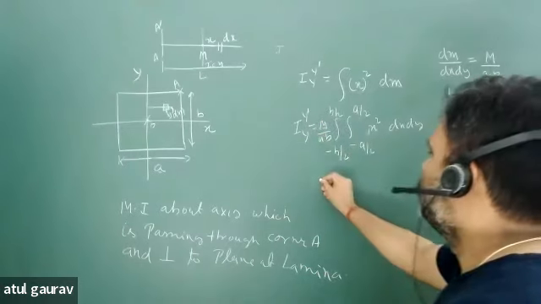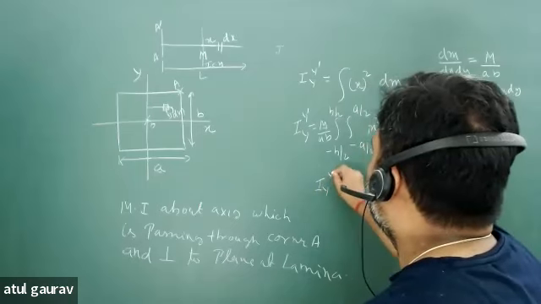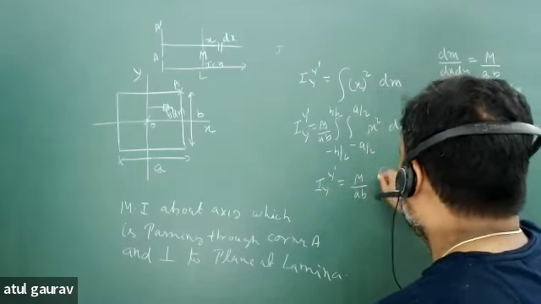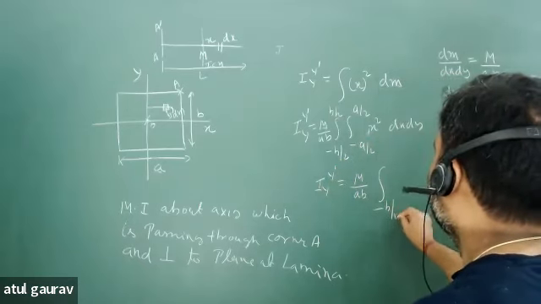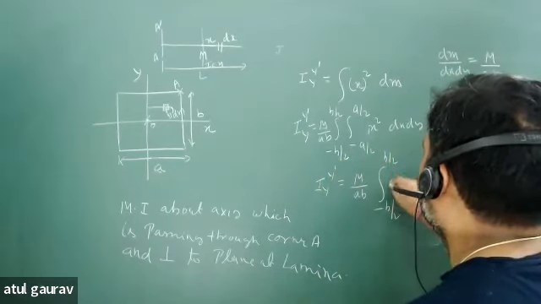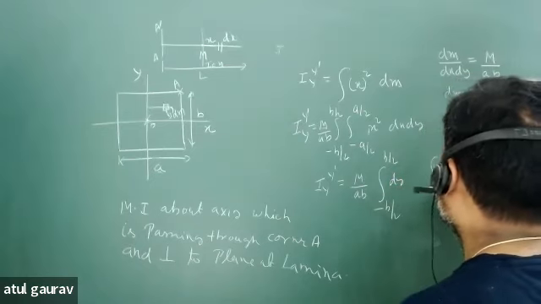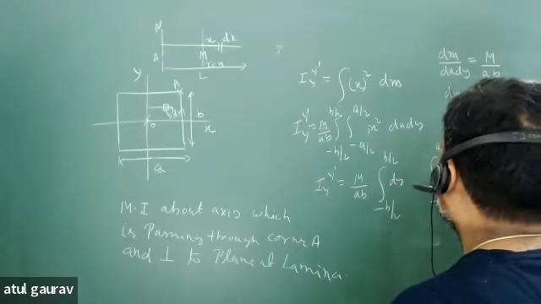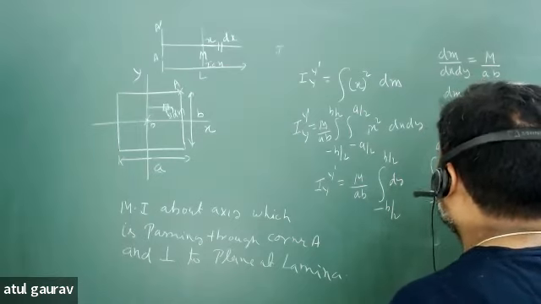And if you are going to calculate I y dash, that value is m upon ab integration minus b by 2 to plus b by 2 dy, and you have minus a by 2 to plus a by 2 x square dx.